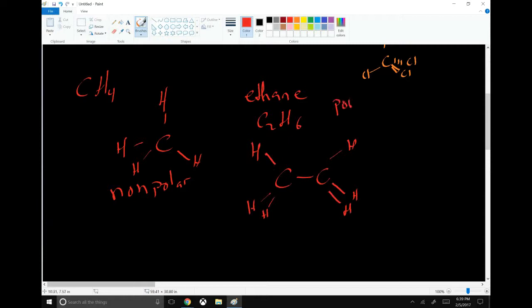Is this polar or nonpolar? That is a little bit more difficult to work out just by looking at it. You need to be able to do some sort of nasty three-dimensional math. But what you find is that a geometry like this is still symmetric.